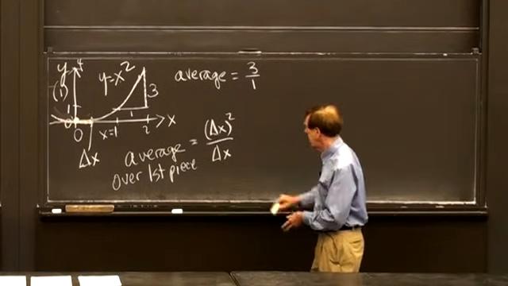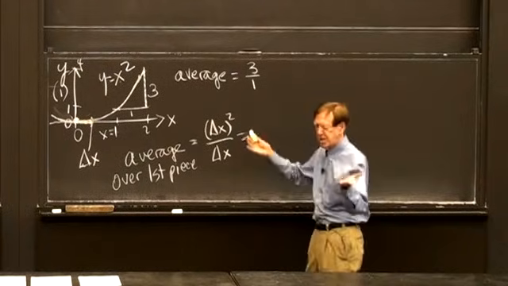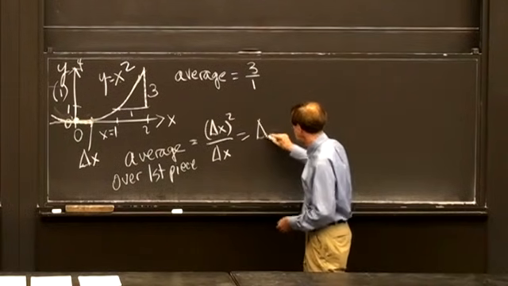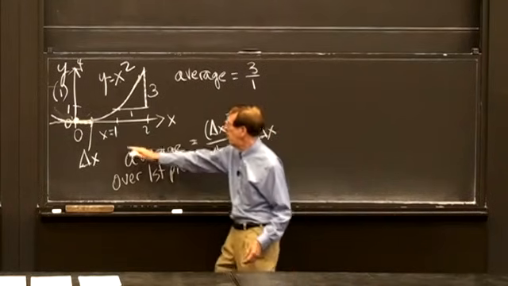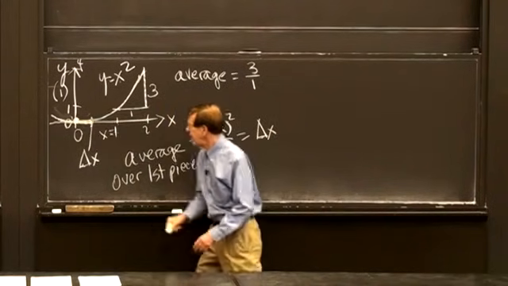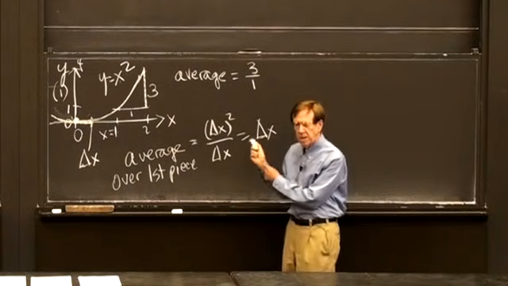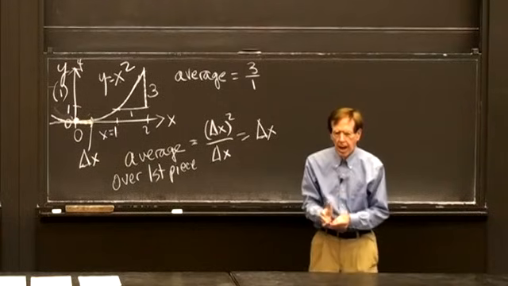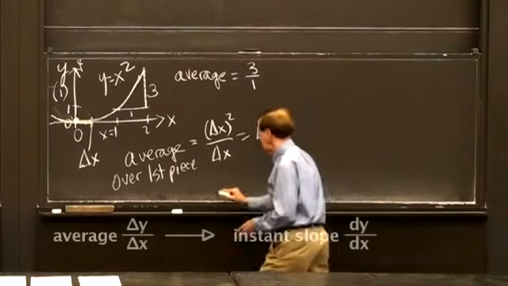And you see that in this case it happens to be especially simple. Delta x squared over delta x is just delta x. So the average slope is extremely small.